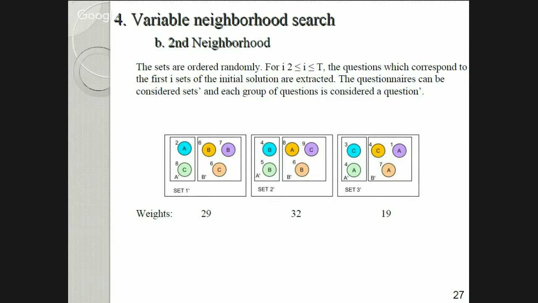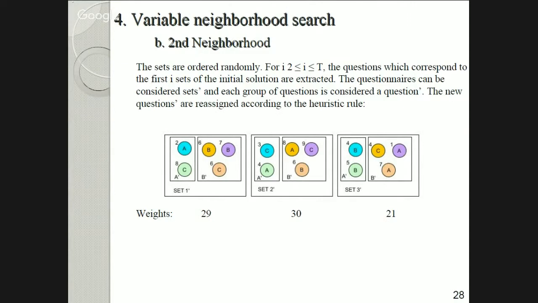We reassign them together, using the heuristic rule. In this case, we have switched these two, and we do this for every possible combination of groups of sets.